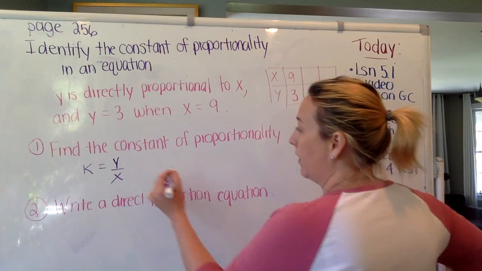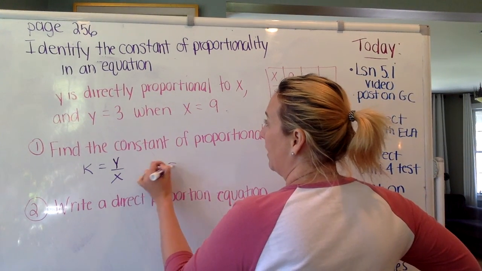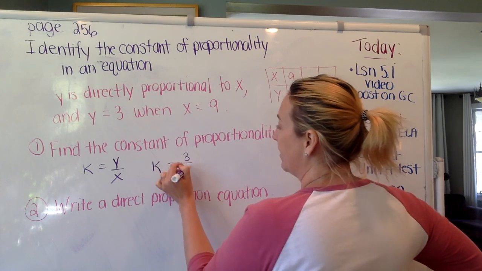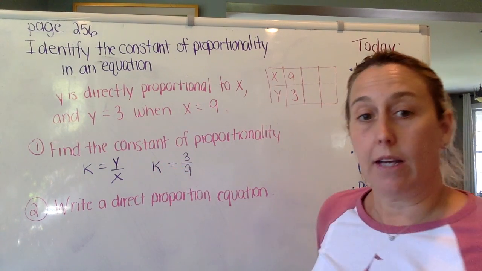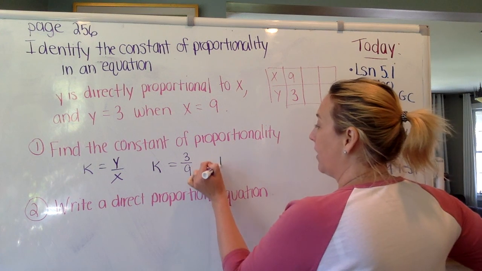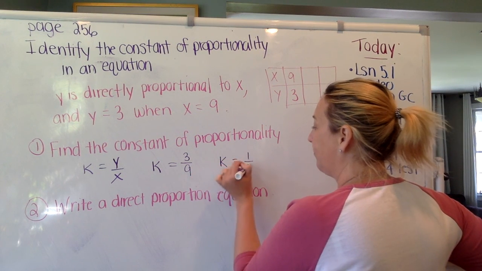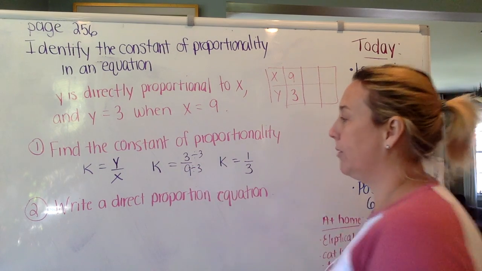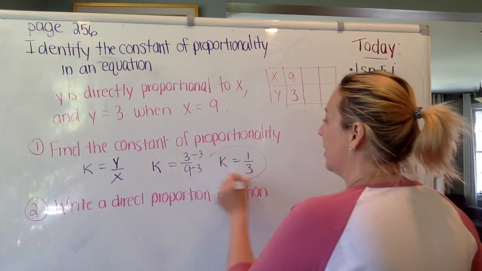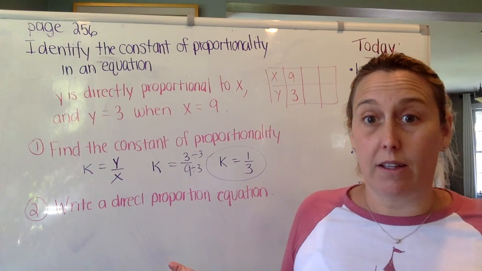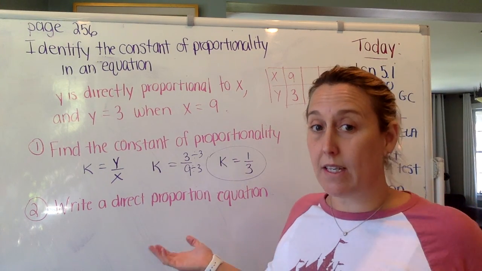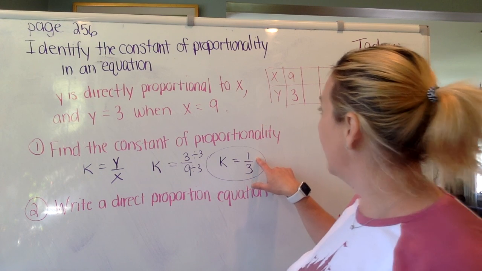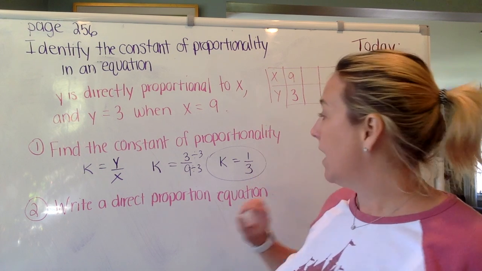So k equals y over x, which in this example means that k is equal to 3 over 9, which of course can be simplified. So k equals 1/3, because I divided by 3 on my numerator and my denominator. So we already found the constant of proportionality. Wasn't that super easy peasy? So the constant is 1/3, okay?